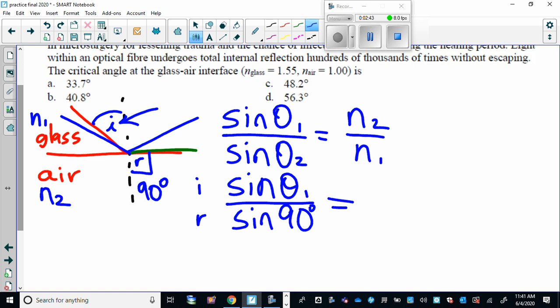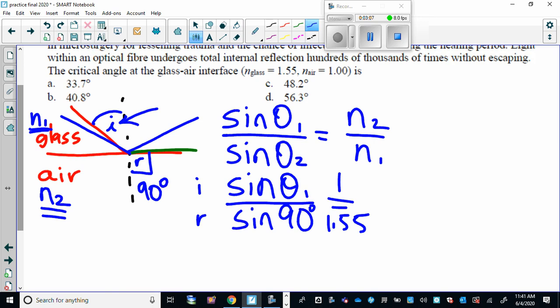over, and then you just got to be careful here, and that's why I put the n1, n2 here. Which goes on the top, which one goes on the bottom? The 1 goes on the top, and the 1.5 goes on the bottom, and then you cross multiply and divide.